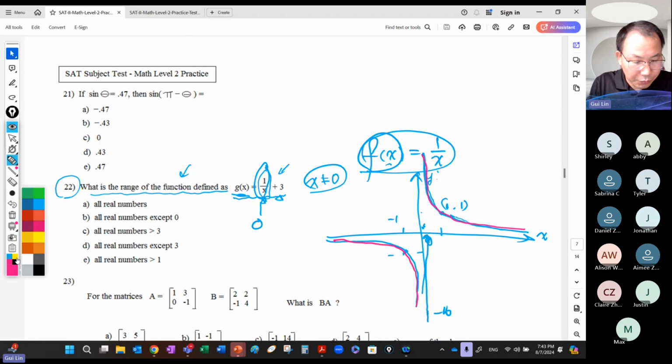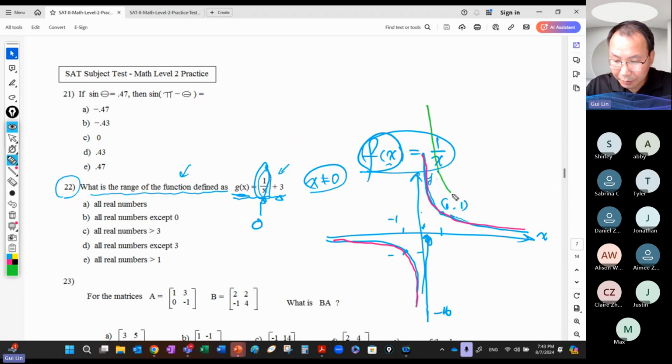So what will they be moved to? They will move 3 up, it's also move 3 up. So it never goes to this 3. So 3 will be here, like this dot. So it never goes to 3. So the range is negative infinity to 3, and 3 to positive infinity.